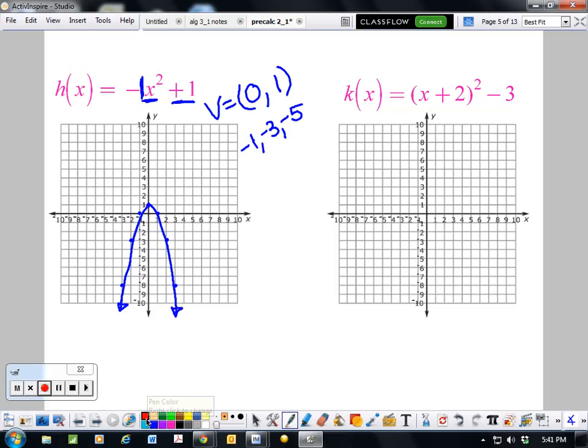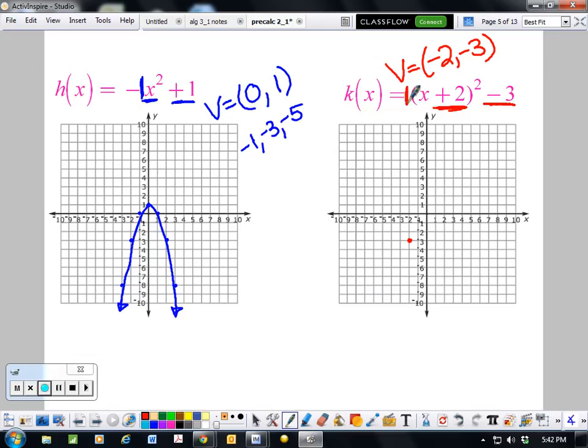Okay, let's look at the next one. Our vertex. Now we have a number inside, but remember that's a minus h, so I'm really changing the sign. So that's a negative 2, and then this is our y value of our vertex, negative 3. So we'll graph (negative 2, negative 3).